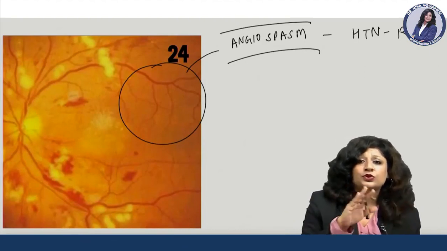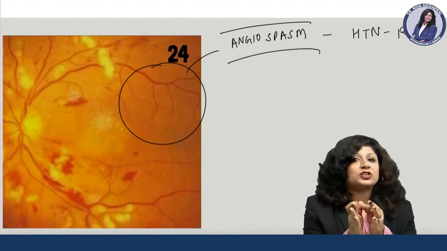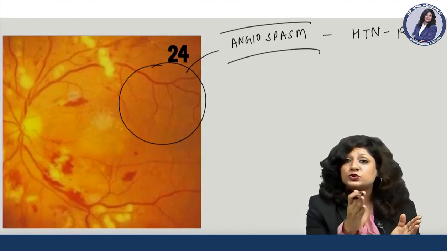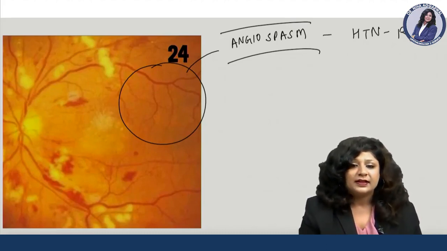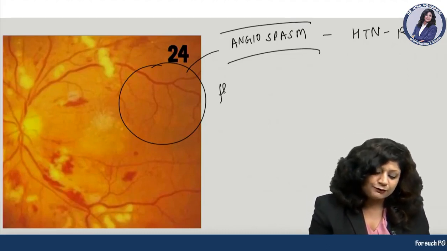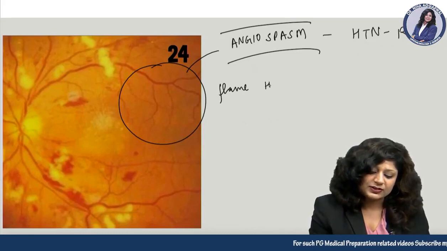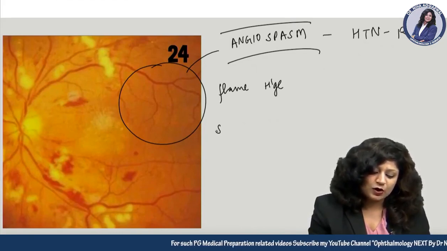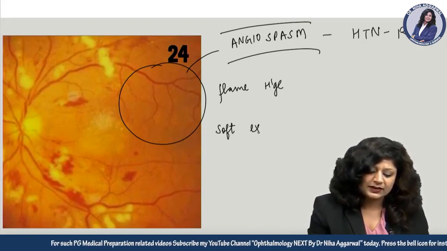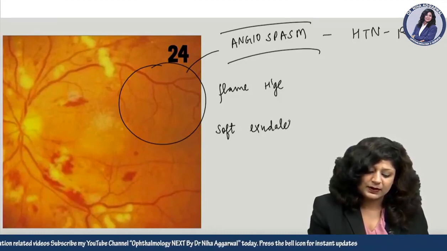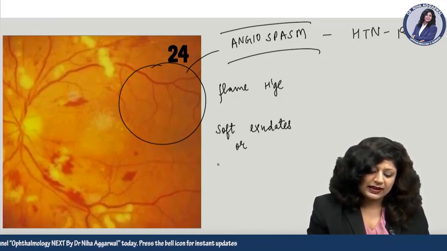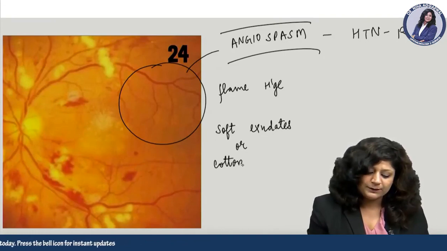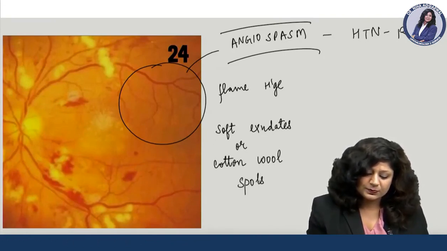Now we also know what type of hemorrhages and what type of exudates you should get in hypertensive retinopathy. Yes, we should get flame-shaped hemorrhages and soft exudates, which are also called cotton wool spots.